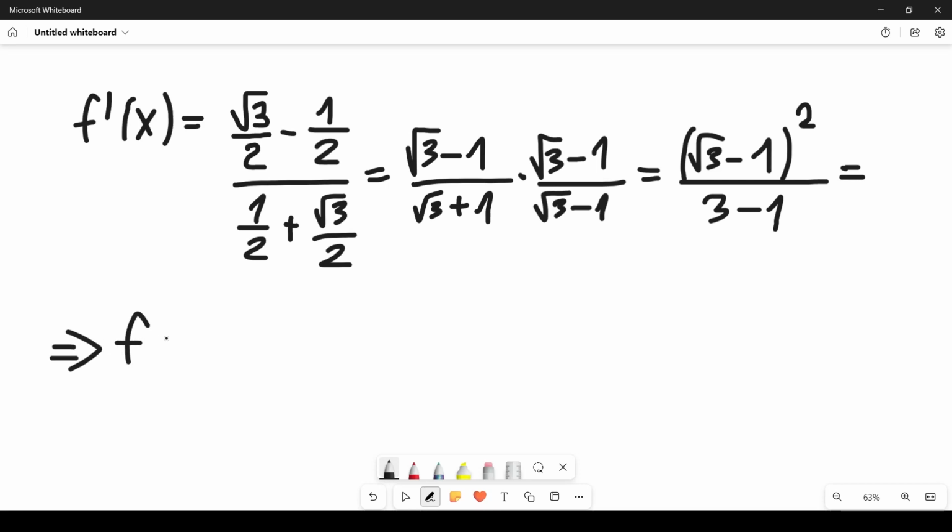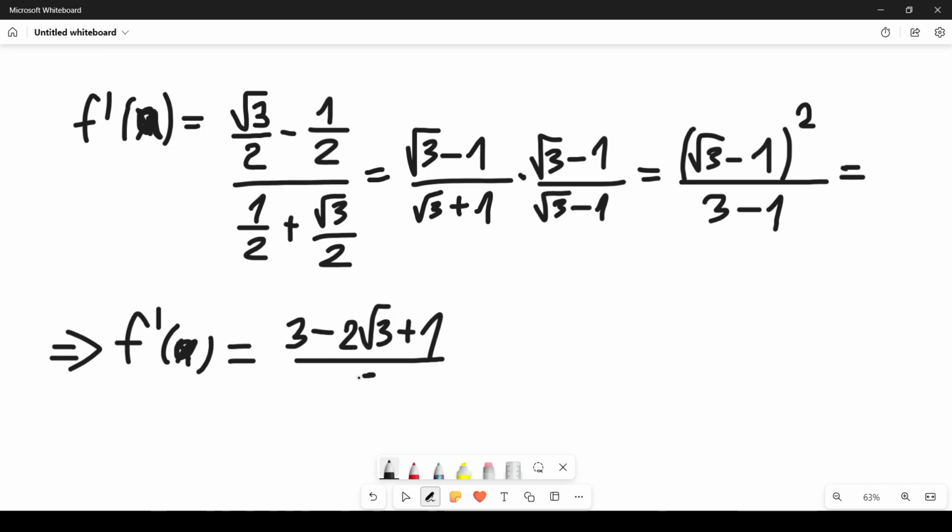And from this fraction we see that, the numerator is going to be 3 minus 2 times square root of 3 plus 1.